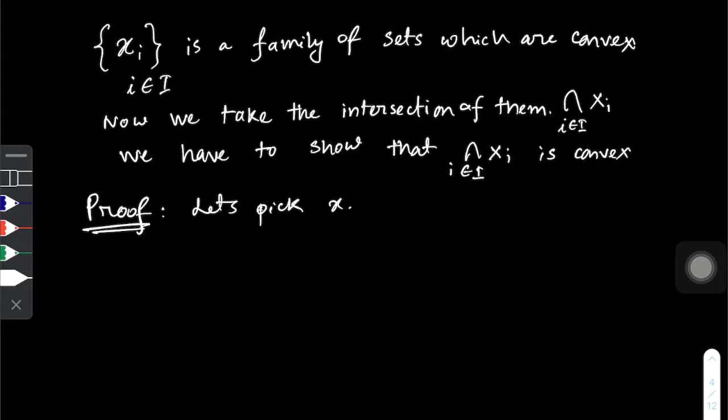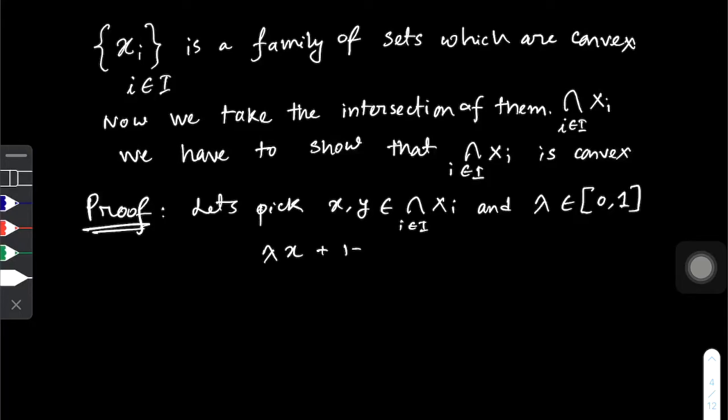So let's pick any 2 elements x and y which belong to this intersection. And let's pick a lambda that belongs to the closed interval 0, 1. We need to show that lambda x plus 1 minus lambda y also belongs to the intersection of all the X_i's.